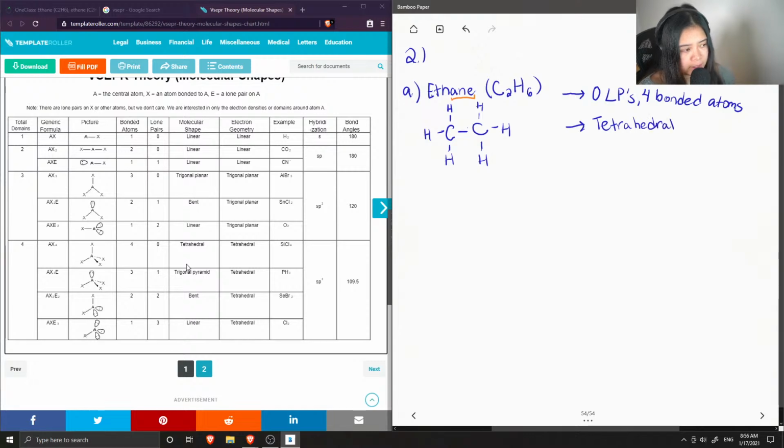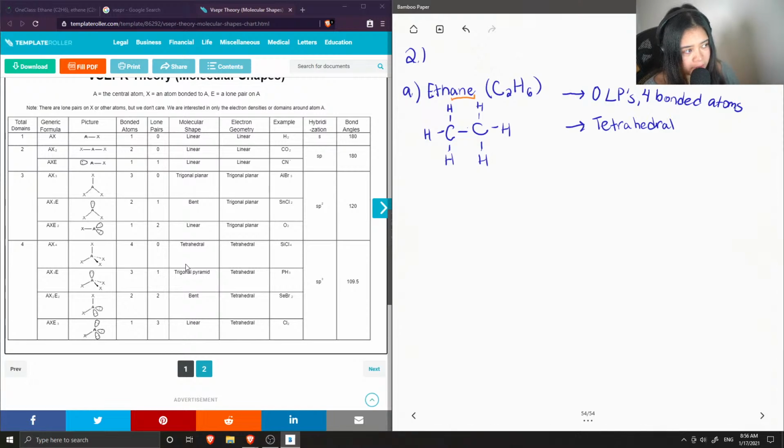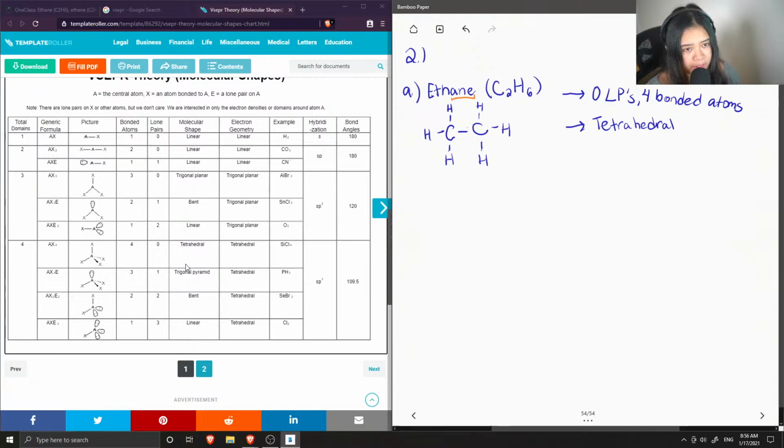So when our central atom contains no lone pairs, then its molecular shape and electron geometry will be the same. So in the case of the 4 bonded atoms and 0 lone pairs, tetrahedral is the molecular shape and the electron geometry.